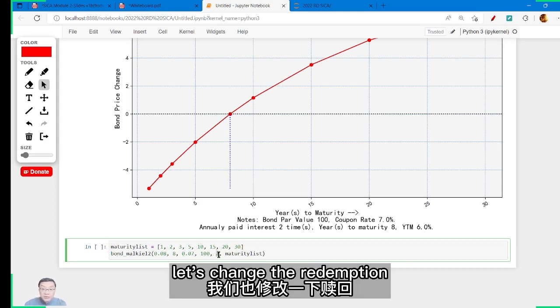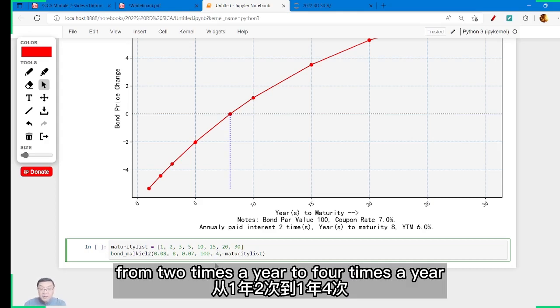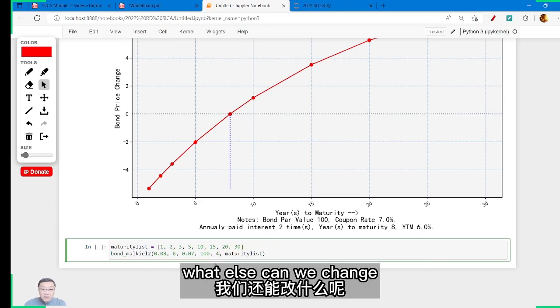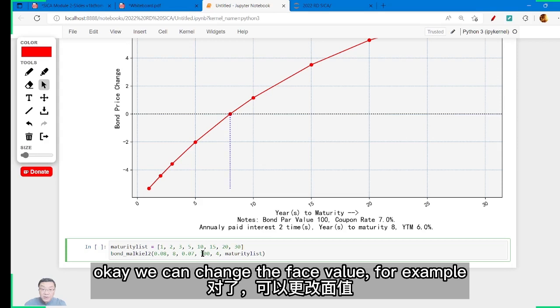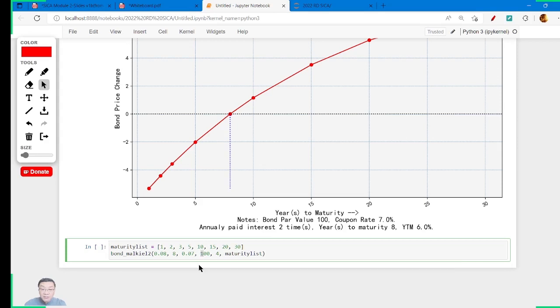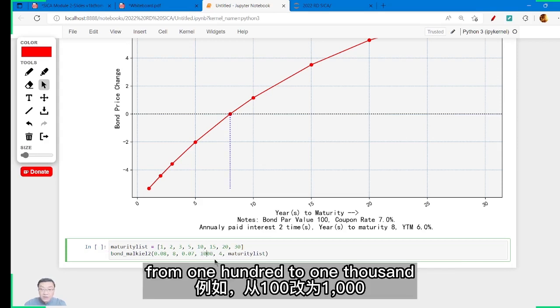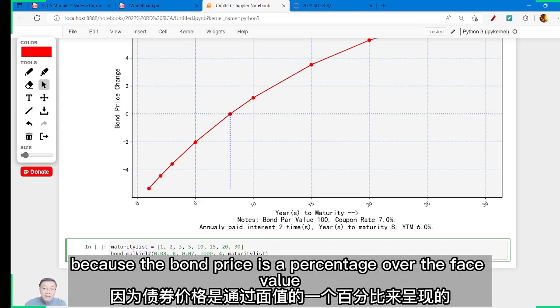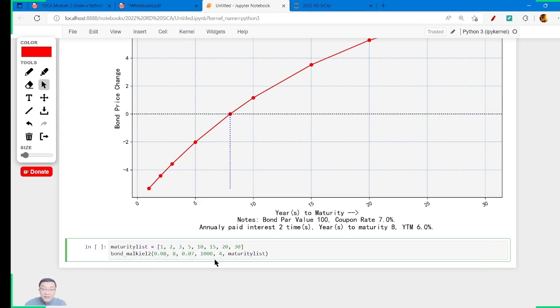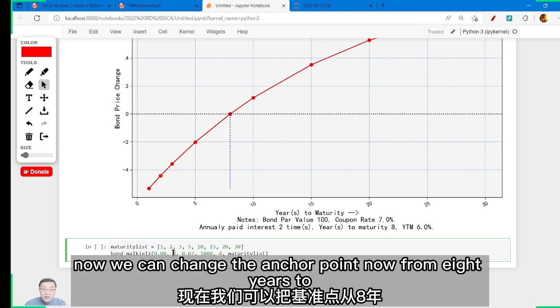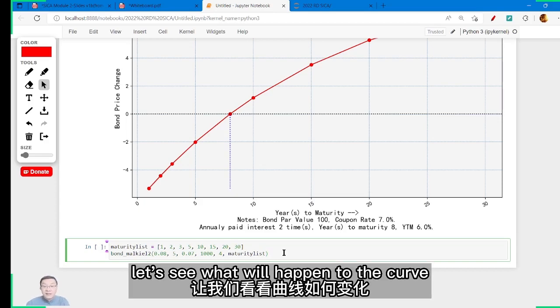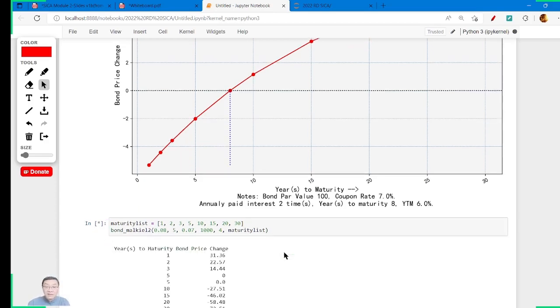Let's change the redemption from 2 times a year to 4 times a year. What else can we change? We can change the face value, for example, from 100 to 1000. Actually, I believe it doesn't matter because the bond price is a percentage over the face value. Now we can change the anchor point from 8 years to, suppose, 5 years. Let's see what will happen to the curve.